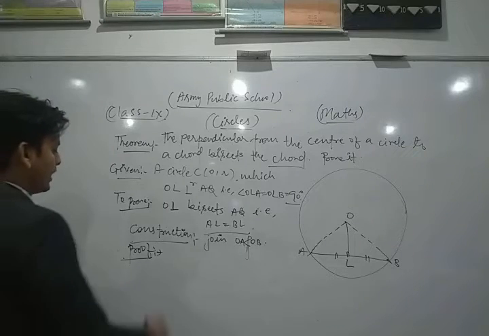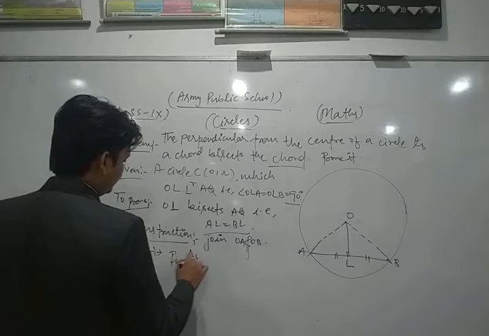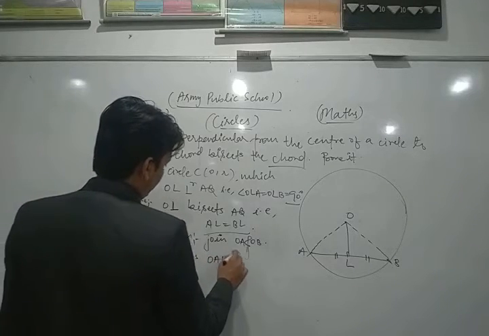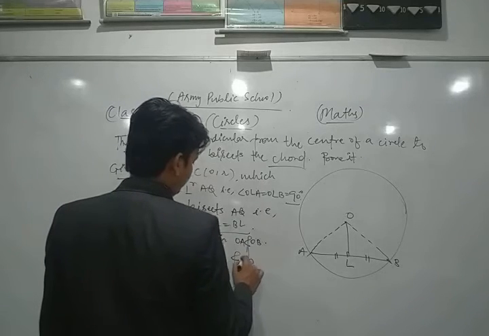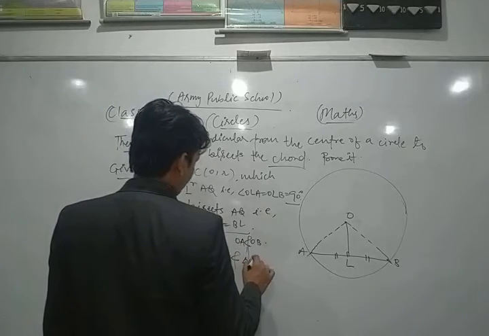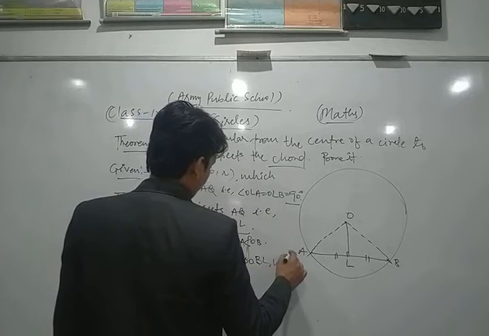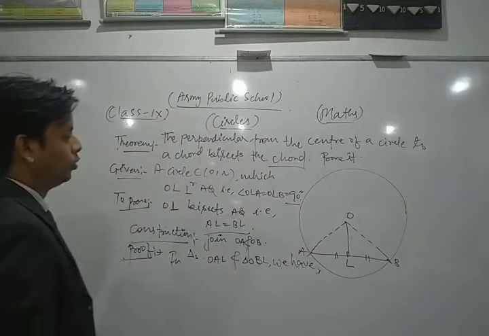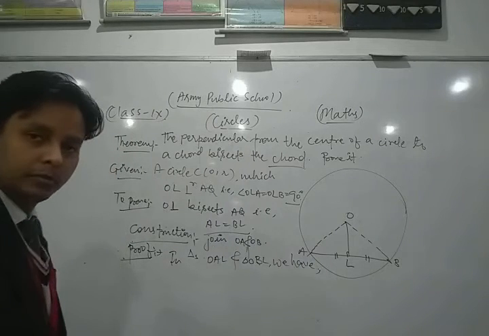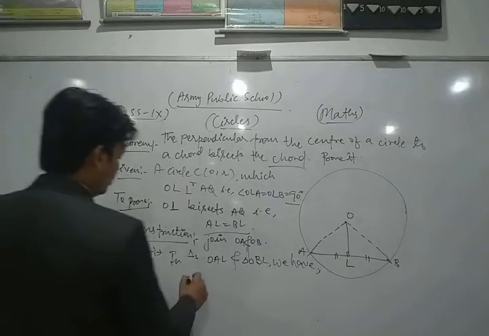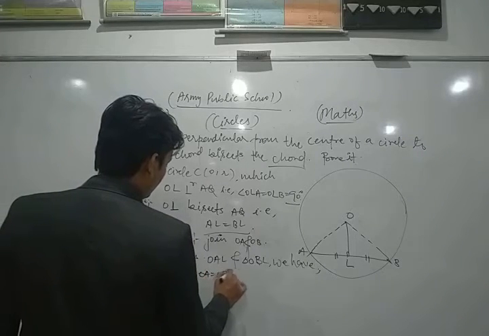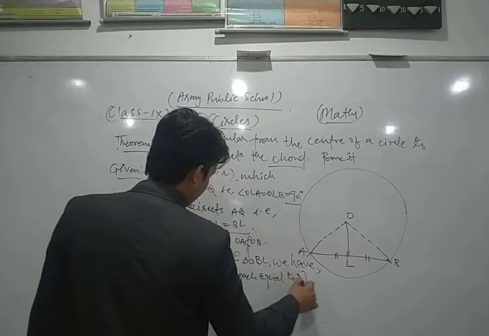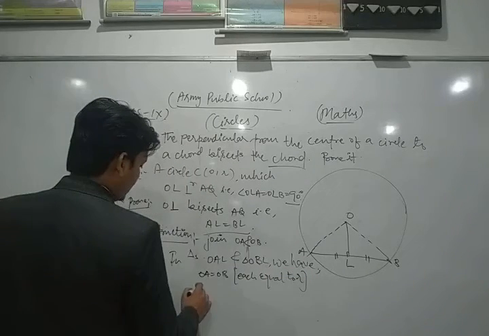Now in triangles OAL and OBL, we have, look, OA is equal to OB because each is equal to R. Okay.